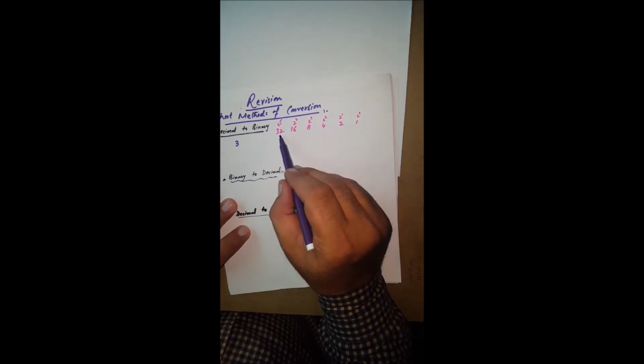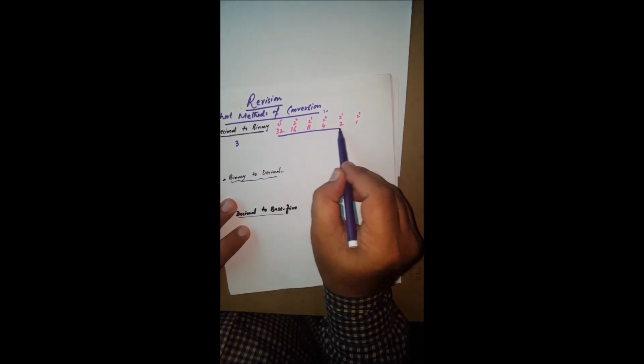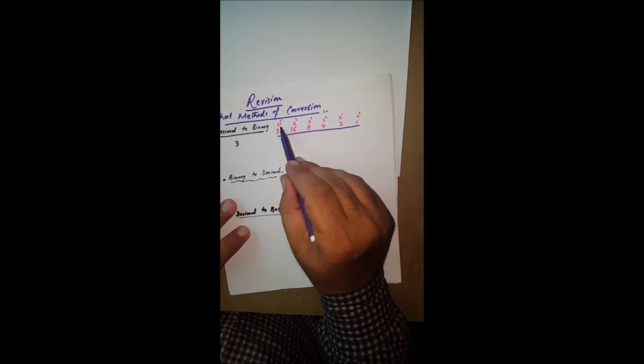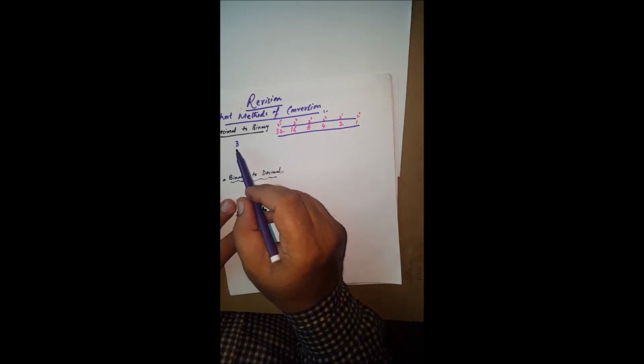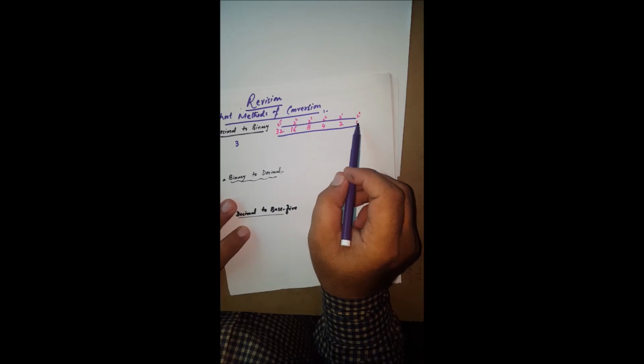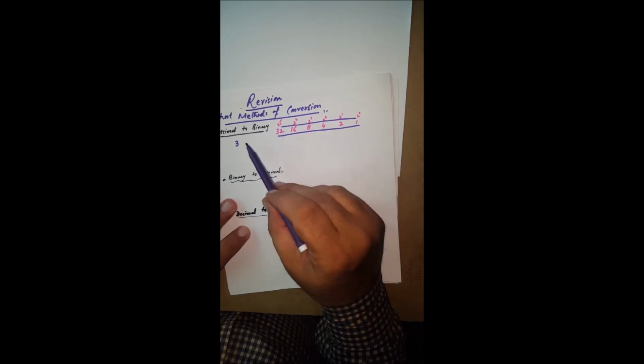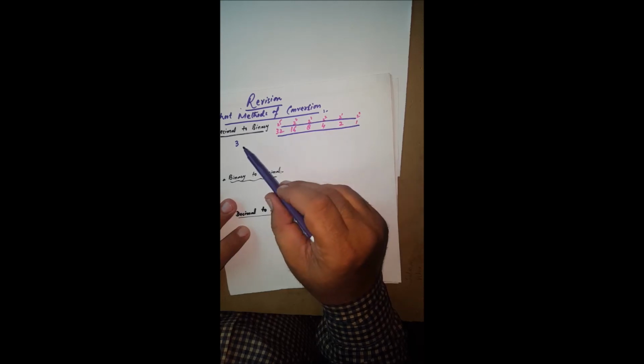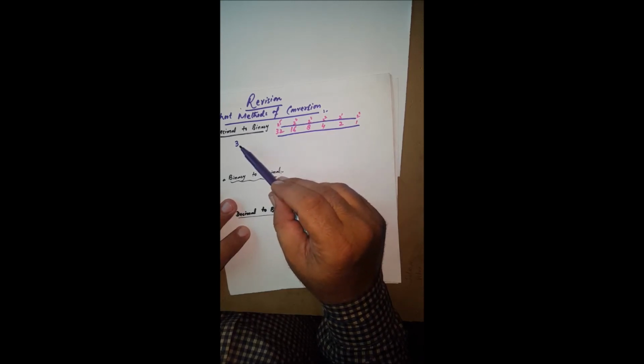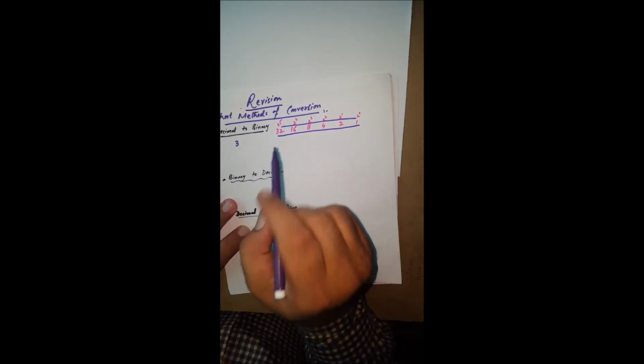We use these numbers. The given number in decimal is 3. We have to consider these numbers that are equal to or less than 3.